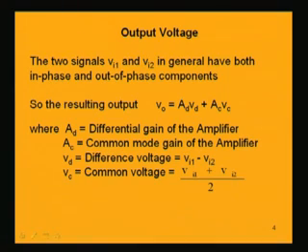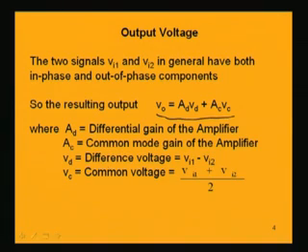So, the resulting output of the op amp, if we consider V naught as the output voltage from the op amp, it is given by AD Vd plus AC Vc, where the AD term is denoting the differential gain of the amplifier and AC term is denoting the common mode gain of the amplifier. So, these two terms are very important when we consider the output voltage or amplified output.